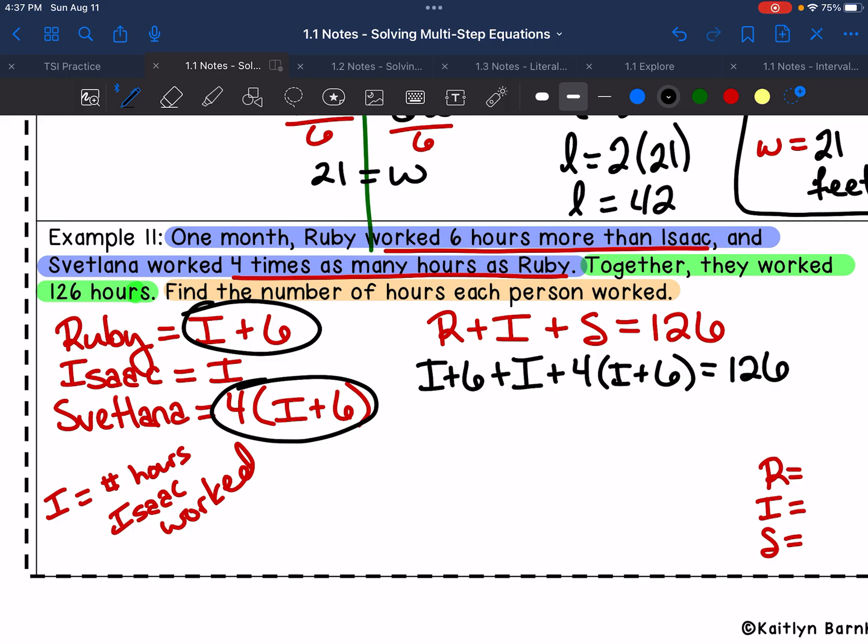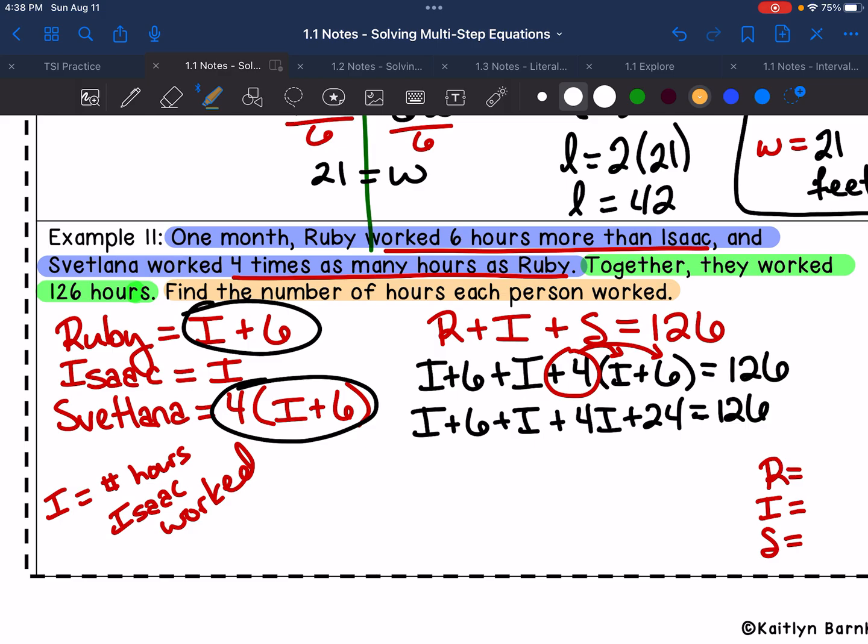So now I've got an equation I can actually work with. I've only got one type of variable. That means I can solve and figure out how many hours Isaac worked, and then use that to find out Svetlana and Ruby. Working through this, I need to distribute this positive 4 first. If I distribute, I'm bringing everything else down just to take this a step at a time. This will give me plus 4I plus 24 equals 126.